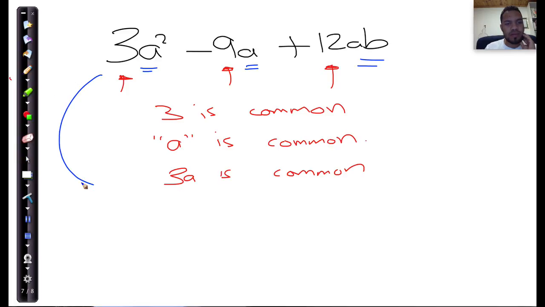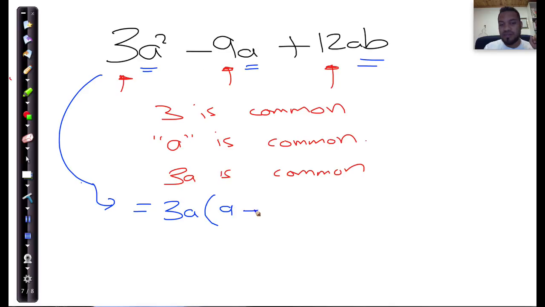I'm going to continue and say that this is equal to 3a, and then I open a bracket. And I say 3a times what will give me 3a squared? Well, I've already got 3a, I just need to multiply it by a. And there we go, 3a times a gives me 3a squared. Then we do the next one. A positive number multiplied by what must give a negative?